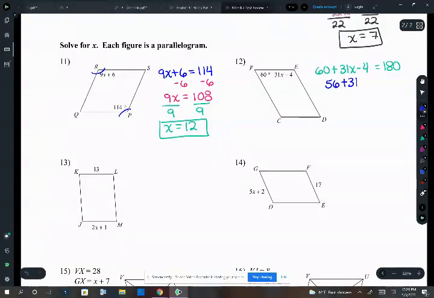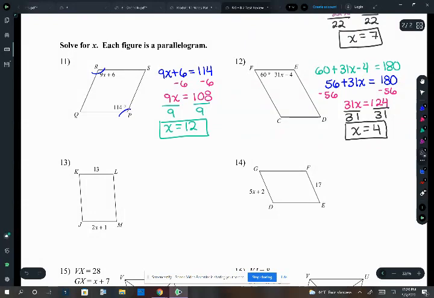So we have 56 plus 31x is equal to 180. And now we're back to that normal two-step equation. We're going to subtract 56 from both sides. We get 31x is equal to, what is that, 124. And then we're going to divide by 31. So then x is going to give us 4.